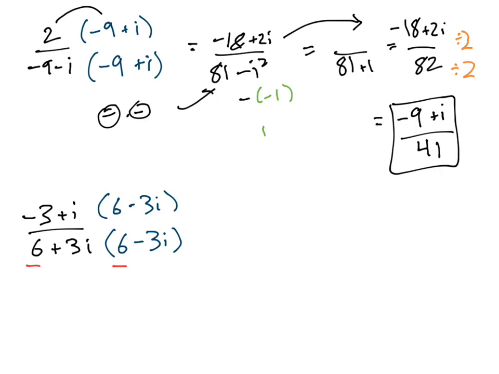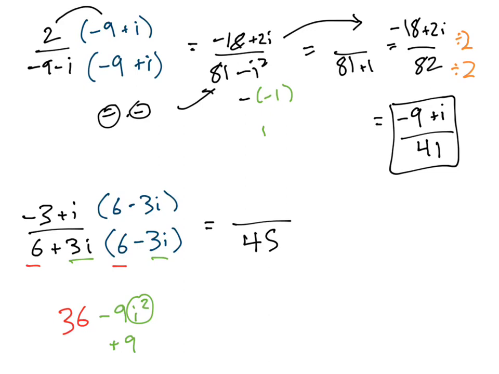Just multiply the real portions and the imaginary portions. So 6 times 6 is 36. 3i times negative 3i is negative 9i squared. i squared is the same as negative 1, so this is negative 9 times negative 1, which is positive 9. So our denominator is 36 plus 9, which is 45.